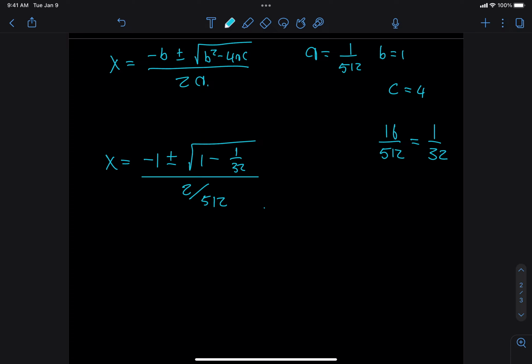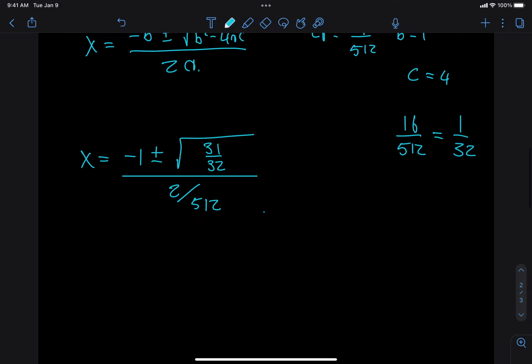Start with the square root. Okay, 1 minus 1/32. What does that get me? 31 over 32, right? So what is 31 divided by 32, Chris? Can you do that for me? 0.97. Yeah. Okay, and can you do the square root of 0.97?